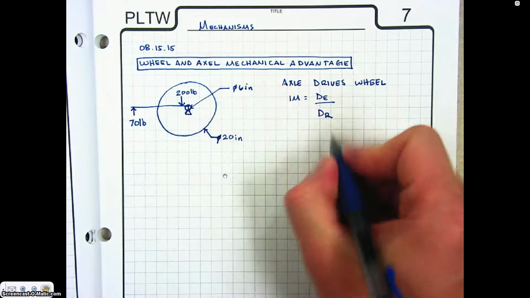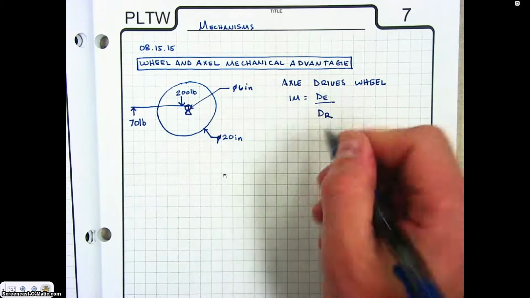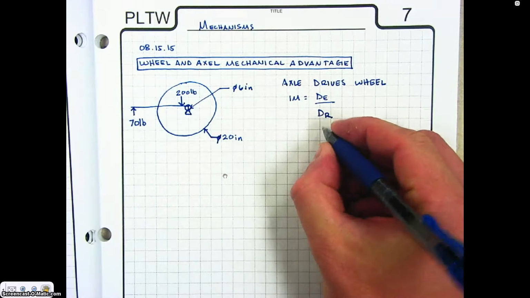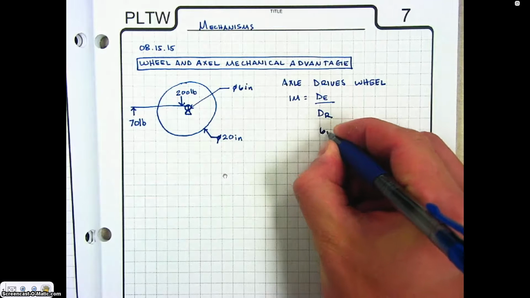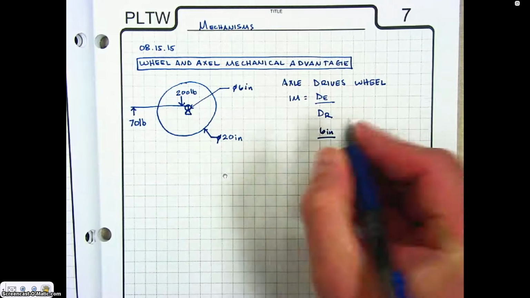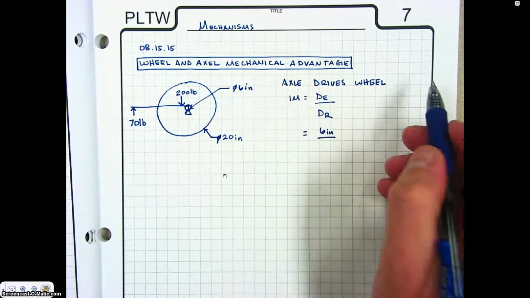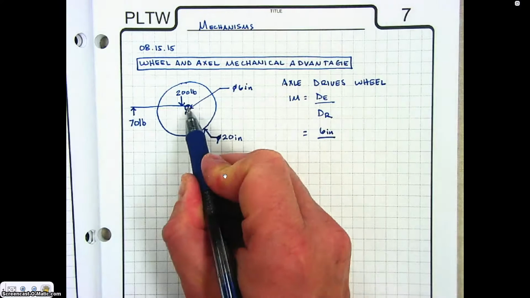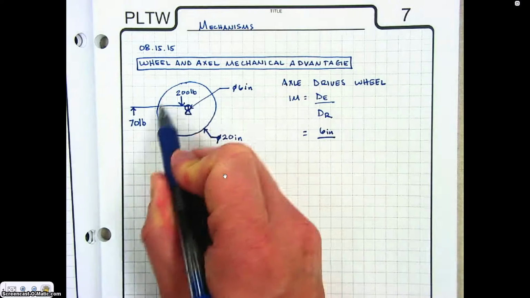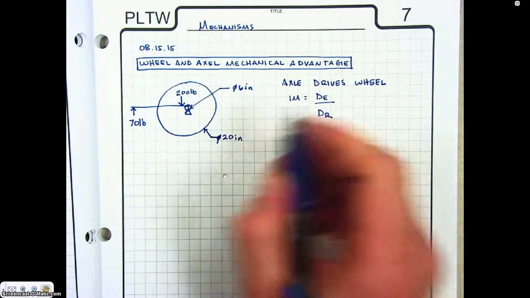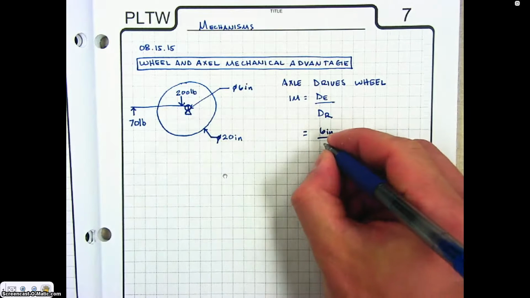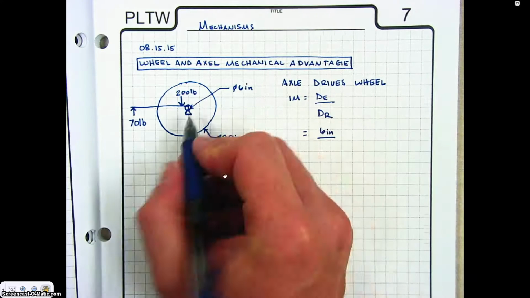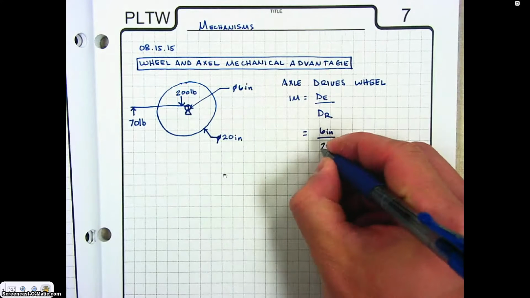And so the effort, DE, the distance to the effort, is going to be that 6 inches. The resistance is being, if the axle is driving the wheel, this is turning and this big wheel is resisting it, is going to be at the wheel. And so in this case, the distance to the resistance is going to be 20 inches.